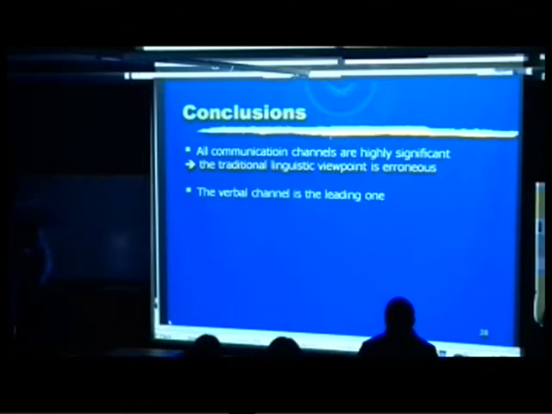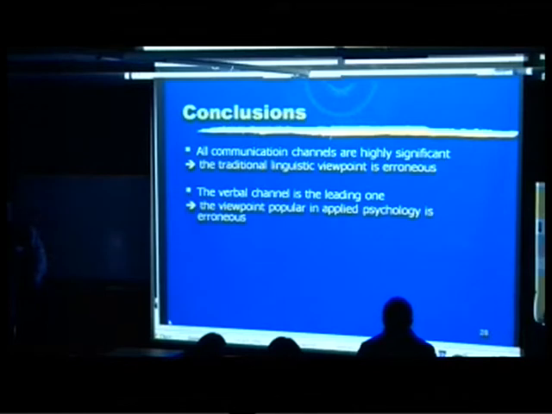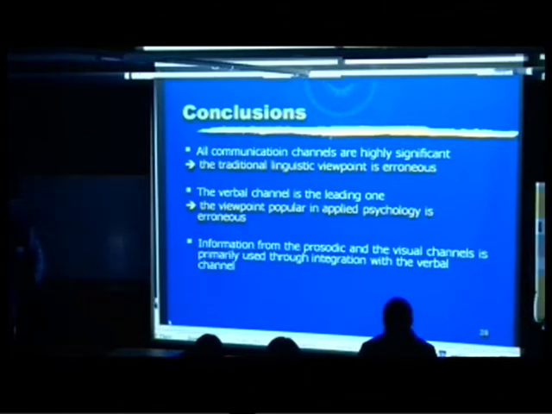Now information from the prosodic and the visual channels is primarily used through integration with the verbal channel, which plays the central and the leading role. And it is for this reason that people have difficulties with this condition when you have visual and prosodic information only.